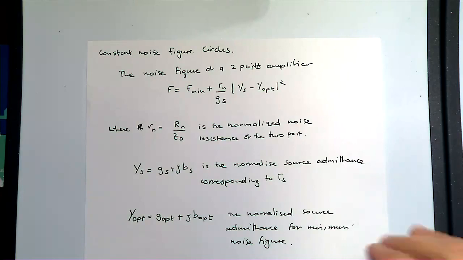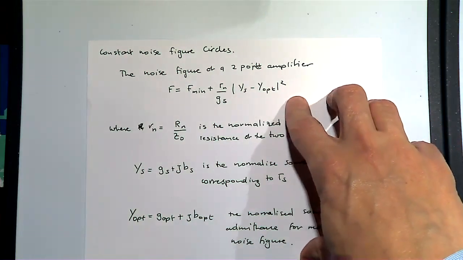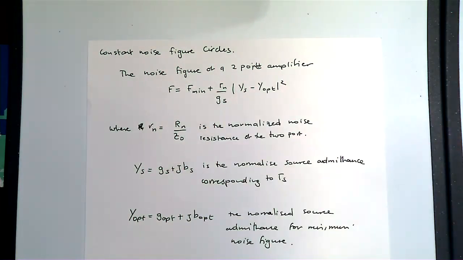So what that allows you to do, under certain circumstances, is trade off gain versus noise figure. Right? And as we saw, it's not always the case that the lowest noise figure is the best, because there are circumstances where you want to trade off noise figure and gain, right?